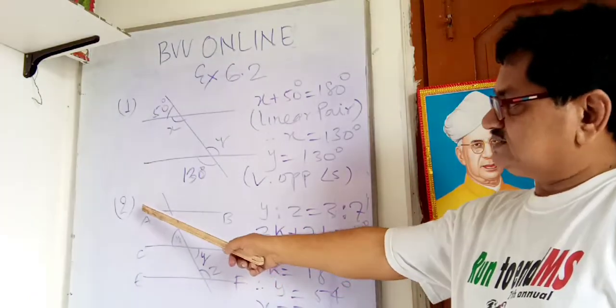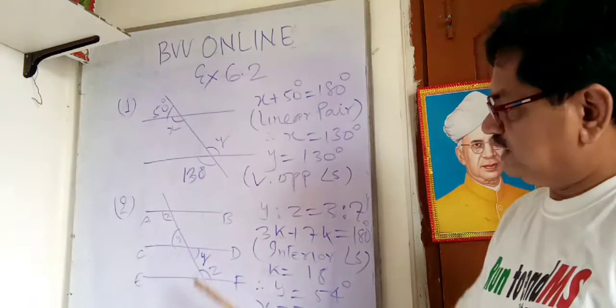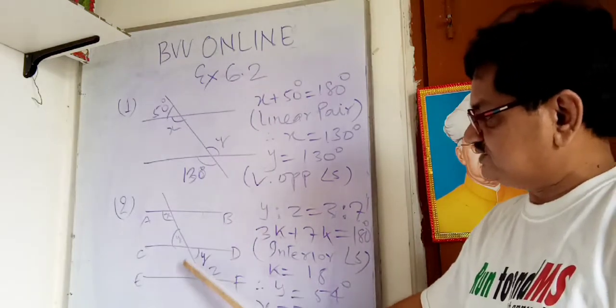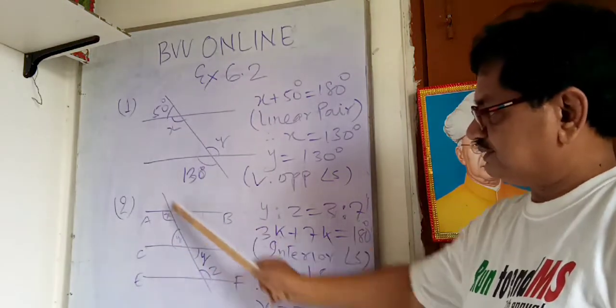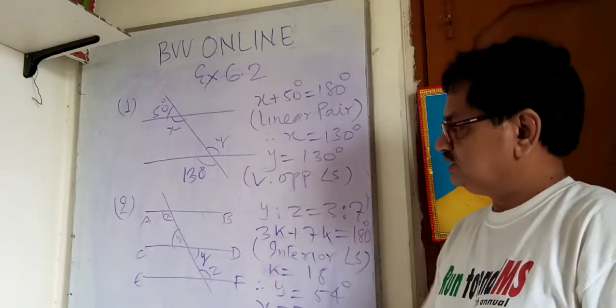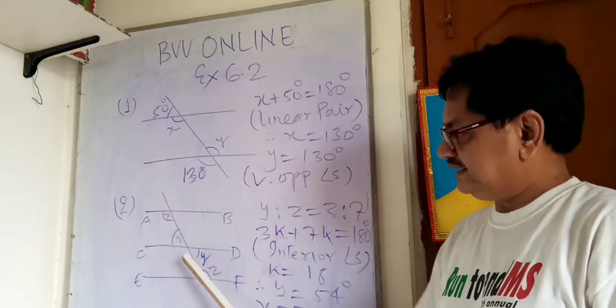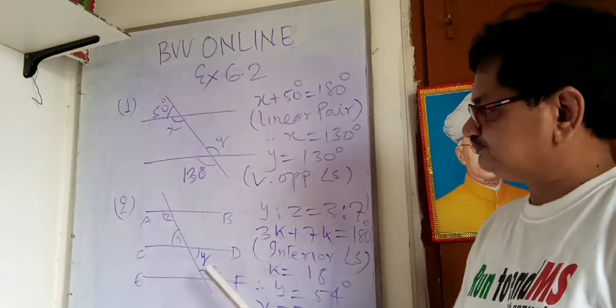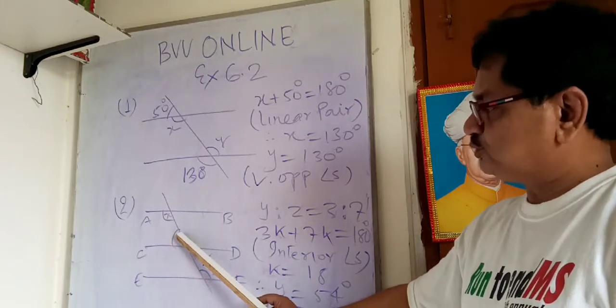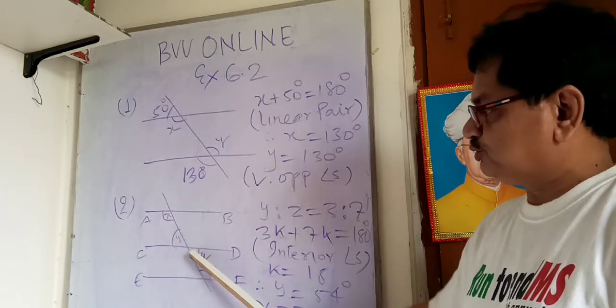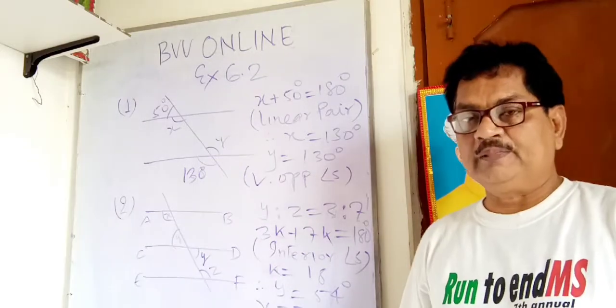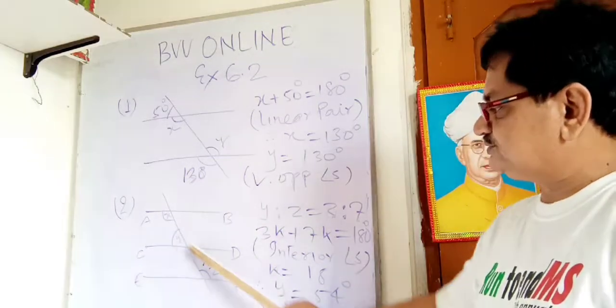Here is the second question. We have been given three parallel lines A, B, C, D and E, F. Transversal intersects them. Here you can see x, y and z angles. So this y and this angle may be equal because of becoming vertically opposite angles.